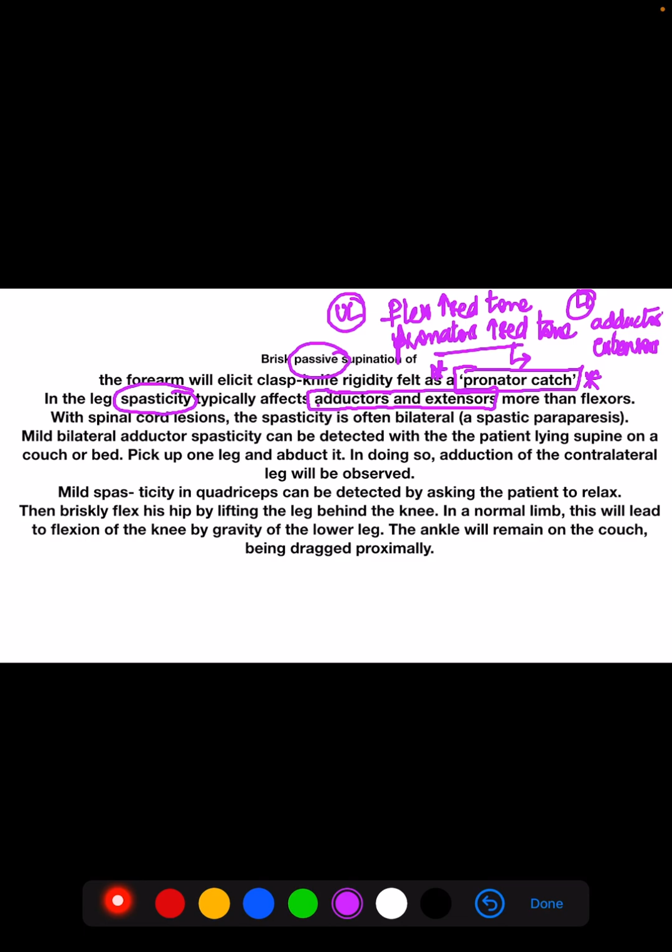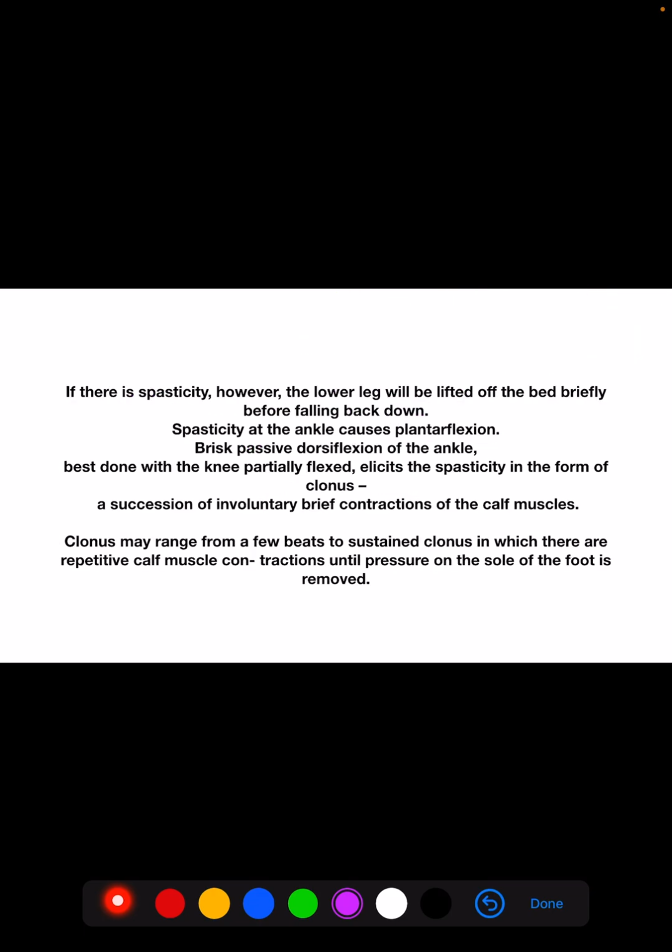Okay, so in the leg, spasticity typically affects the adductors and extensors more than flexors. With spinal cord lesions, the spasticity is often bilateral. Supposing there is damage to the spinal cord, there will be weakness in both the lower limbs, and it's a bilateral spasticity.